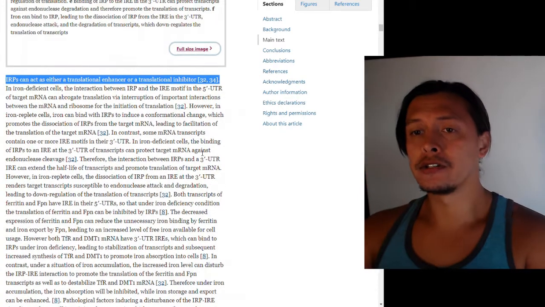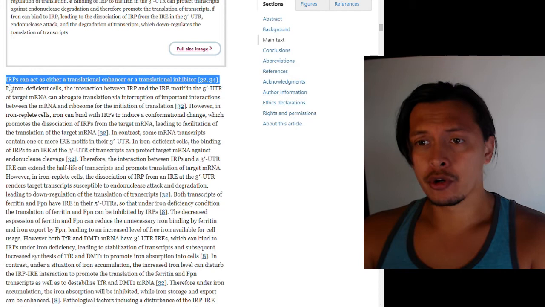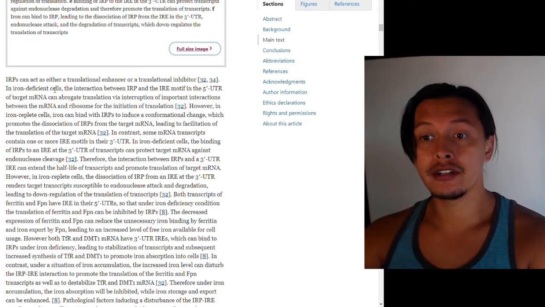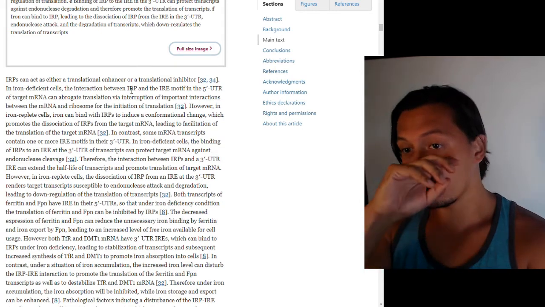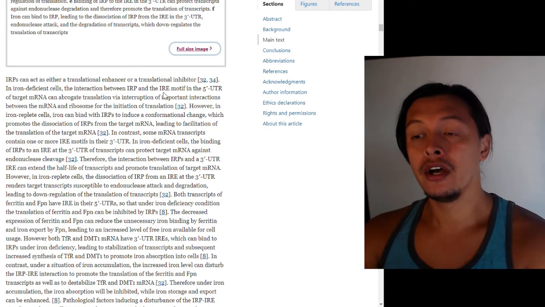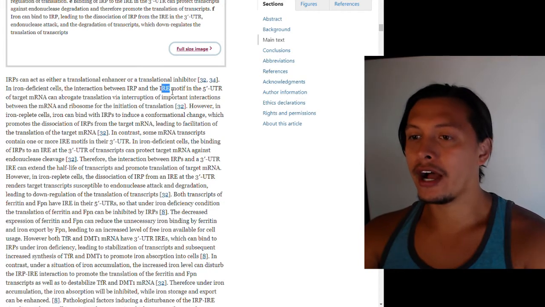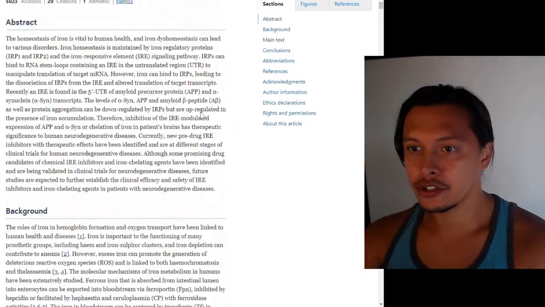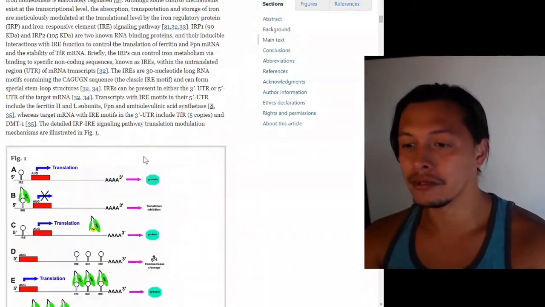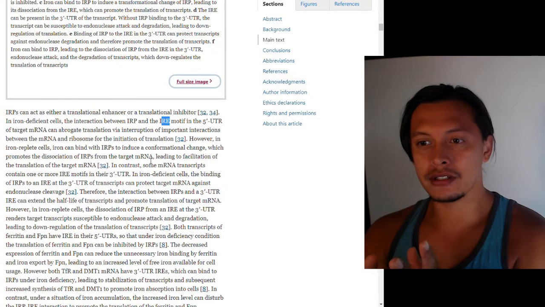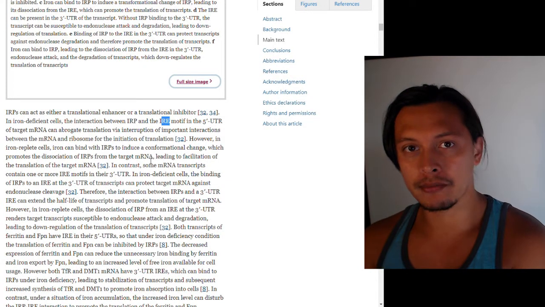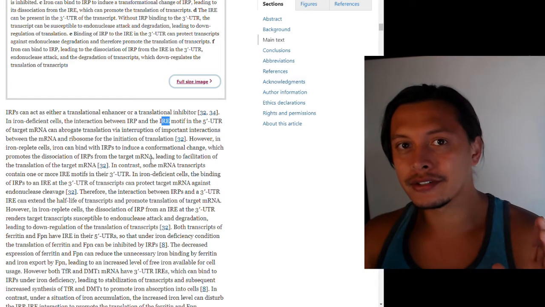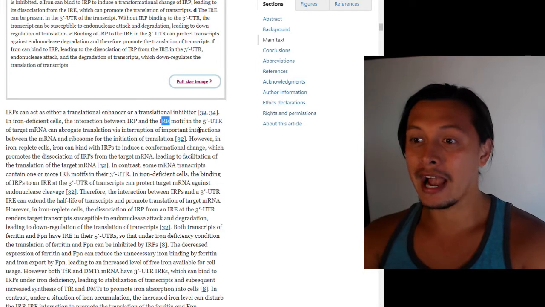and we can continue. So, these iron regulatory proteins can act as either a translational enhancer or translational inhibitor. In iron deficient cells, the interaction between the iron regulatory proteins and the IREs, the iron responsive elements, sorry, sometimes you will see both iron responsive proteins and iron regulatory proteins, and so it's all cramming into the same acronym for me.